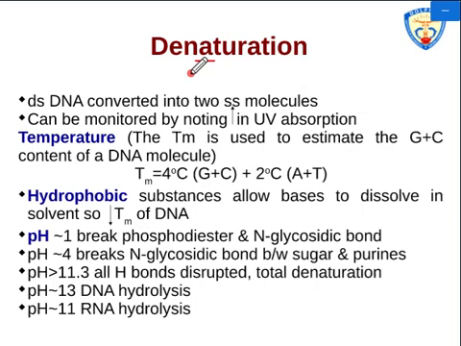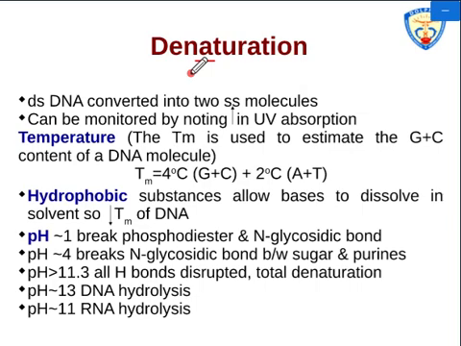Now denaturation can also be non-biological, like denaturation by heating or by providing temperature, denaturation by certain chemicals, denaturation by low salt concentration. Low salt concentration removes ions that stabilize the negative charges on the two strands, thereby denaturing DNA.